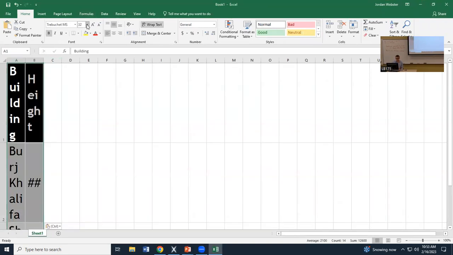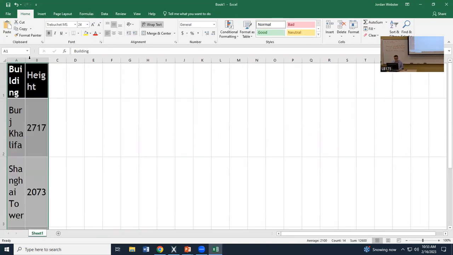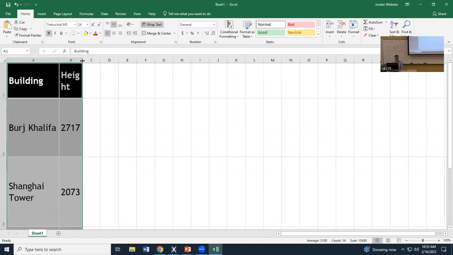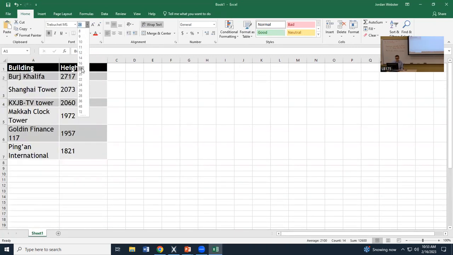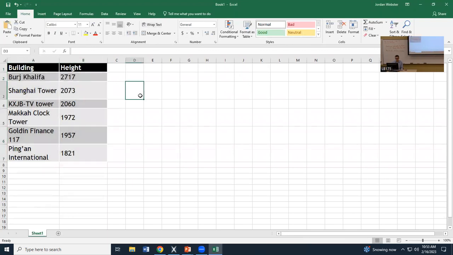So copy and paste the data. See if I can go a little bit. Oh, 18, that's better. There we go. And there. Now there's a lot of things I can do in Excel. Everybody see that? Read that fine?